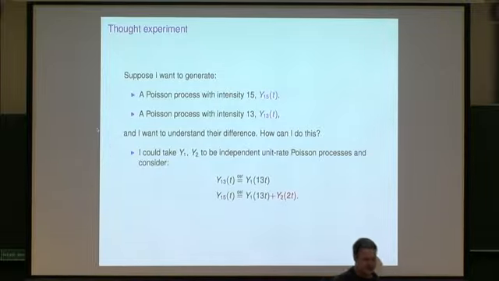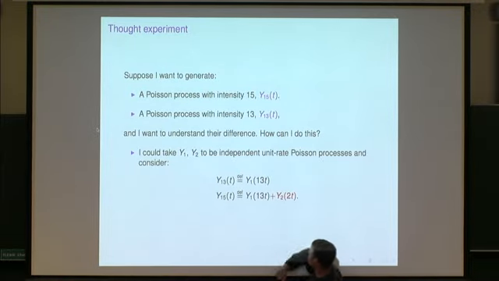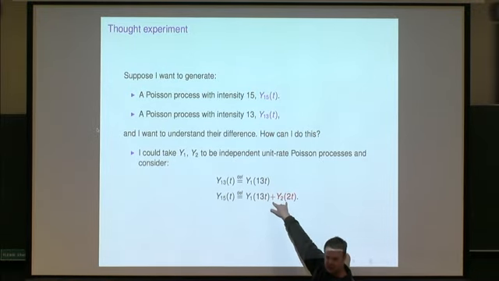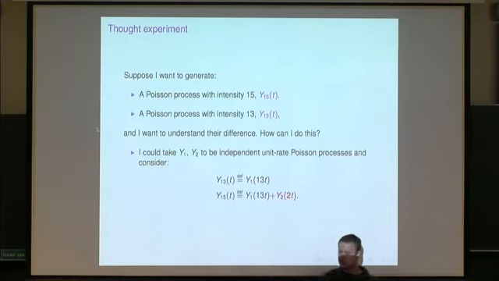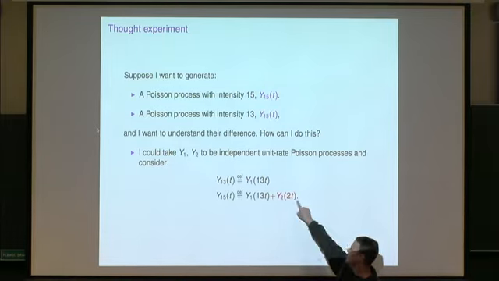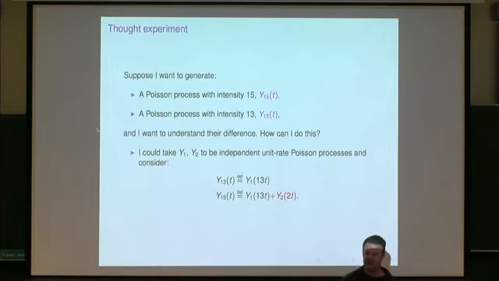And I guess I haven't said this: when you add Poisson processes, you get another Poisson process, and the rates just add, as long as these are independent. So this actually is a rate 15 Poisson process. That actually is a rate 13 Poisson process, but they're sharing all these jumps. So they jump together almost every time. Just every so often, this guy will bump up the second guy. Okay? Does that make sense?